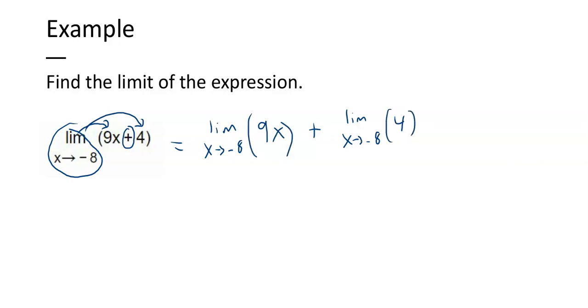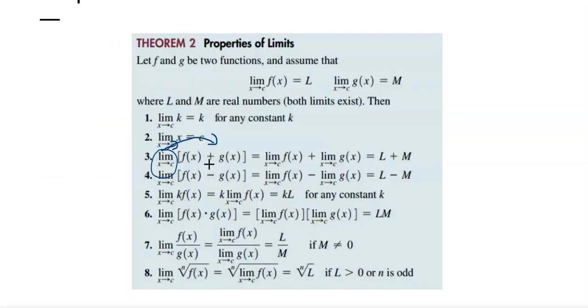All right. Now let's do this second one first because that property is right at the top of this list here. If k is a constant, if there's no variables, if it's just a number, then the limit is just equal to that number, right? So the limit as x approaches c of any number k is just going to be k. If there's no x in that expression, if it's a constant, it just stays the same.